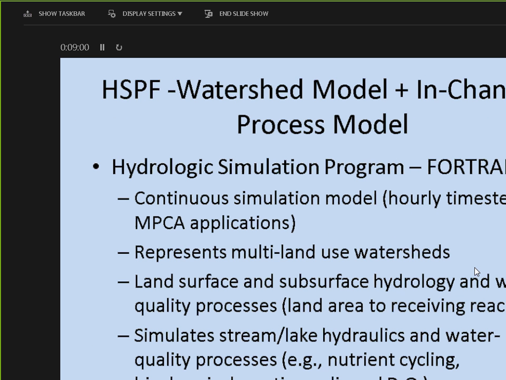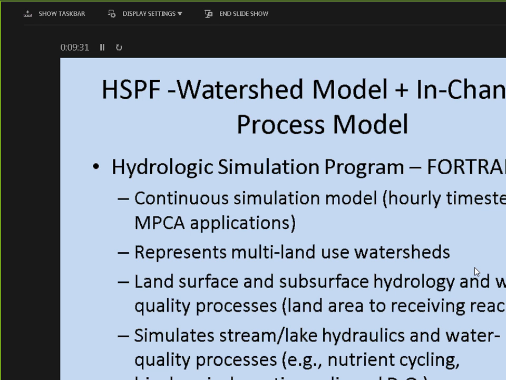So what is HSPF? It's the Hydrological Simulation Program, Fortran. It's a continuous simulation model, so it's not a steady state model like that, but we're running on an hourly time step. All our applications started in 1995, and we try to get them up to as close to the present as possible. It represents different land uses with an equal amount of detail. It includes the hydrologic processes from the watershed area to the receiving reach, both over the surface and in the subsurface environment.